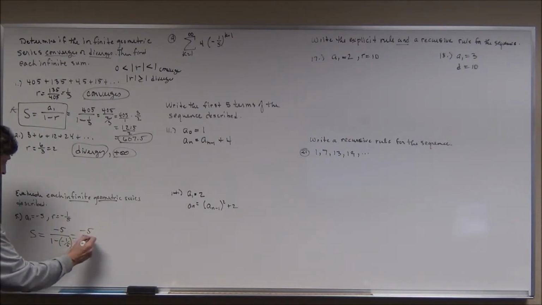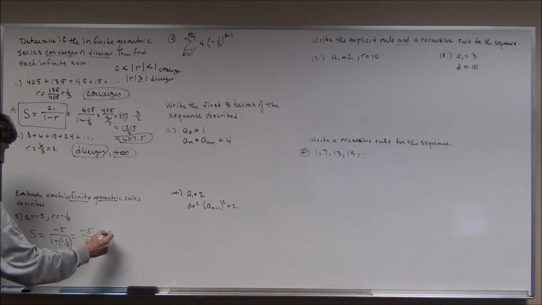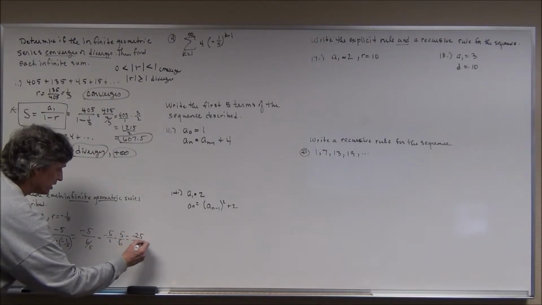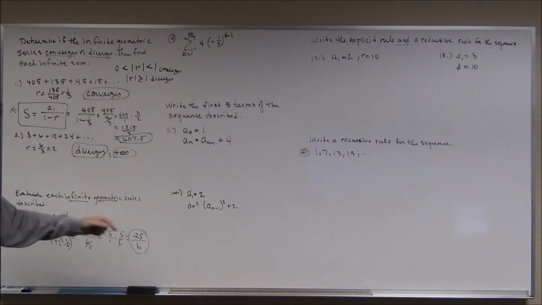Subtracting a negative is like adding the opposite. So the denominator is 6/5. So that's negative 5 over 1 times the reciprocal, which is 5 over 6. And I get negative 25/6 is my sum. Now if you want to write that as negative 4 and 1/6, that's okay. But if you punch it into your calculator, you're going to get a repeating decimal.